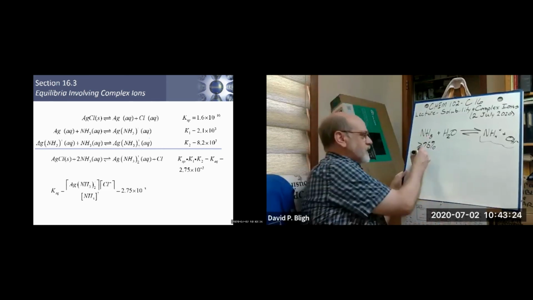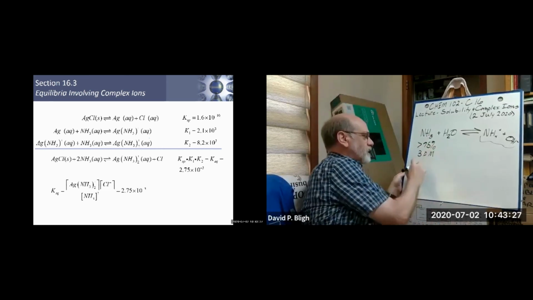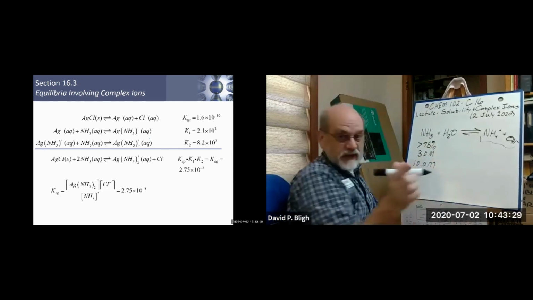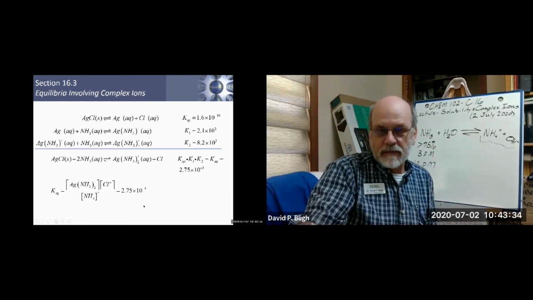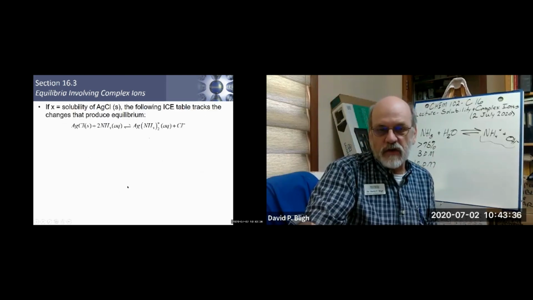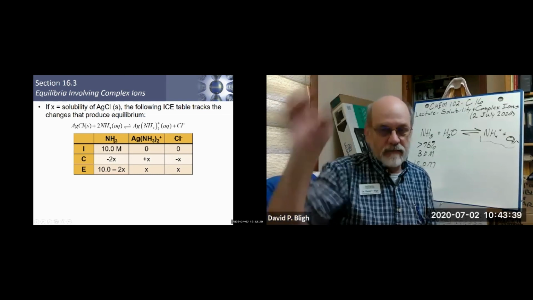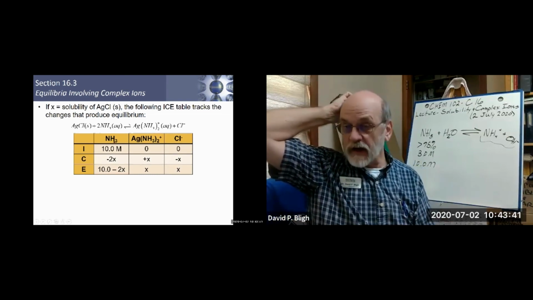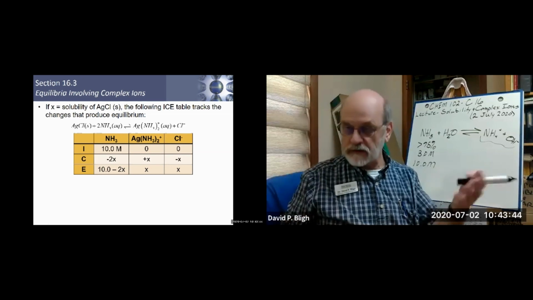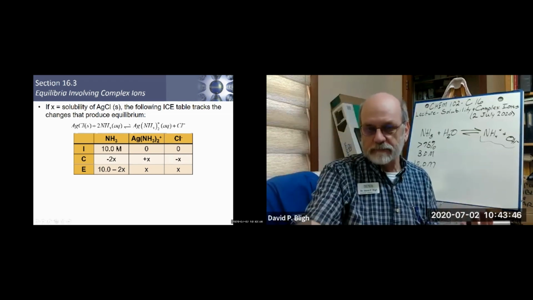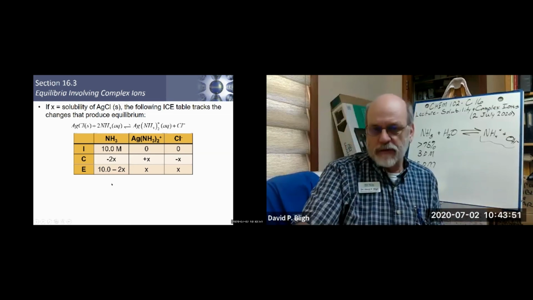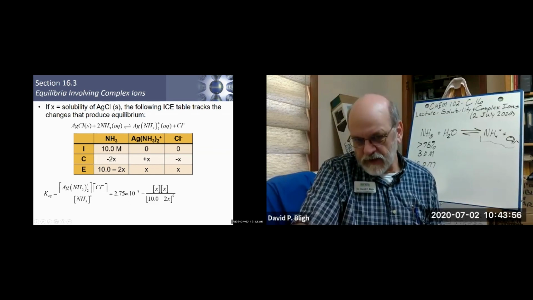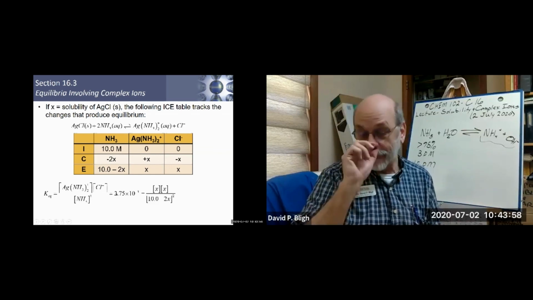So in Sal's problem, he was 3 molar, and in this one that we're going to look at in these two slides, the concentration is 10 molar. Right? So we would expect that the solubility of silver chloride would increase as we add more ammonia to it. We do the same calculations that Sal went through, with the exception of 2.75 instead of 2.9.